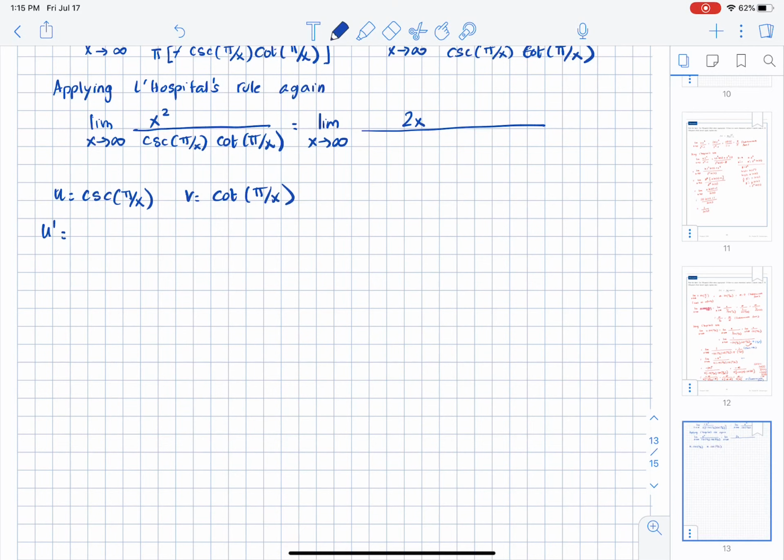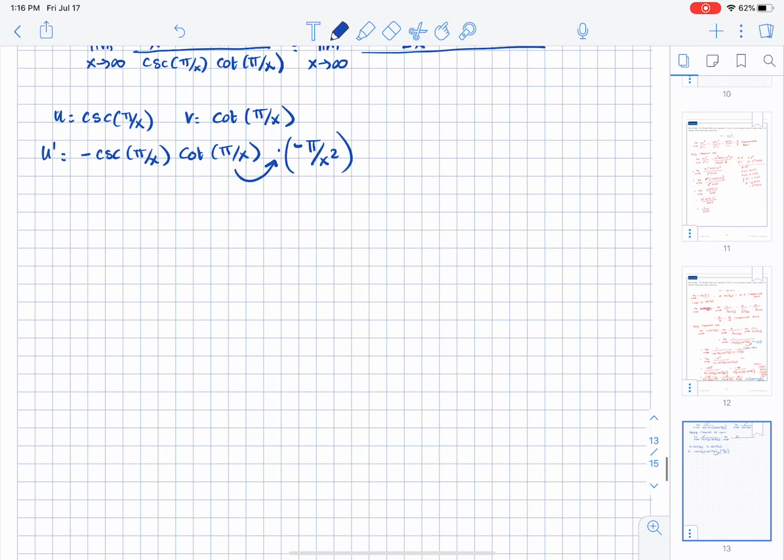U prime would be negative cosecant pi over x, cotangent pi over x. Do not forget chain rule. We have negative pi over x squared. And v prime is simply negative cosecant squared pi over x, because the derivative of cotangent x is negative cosecant squared pi over x, multiplied by the derivative of pi over x, which is negative pi over x squared.